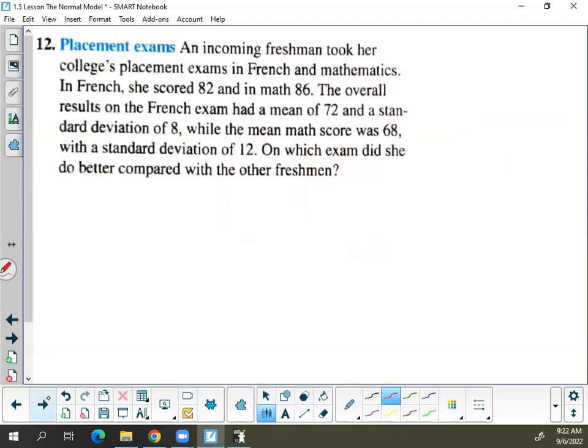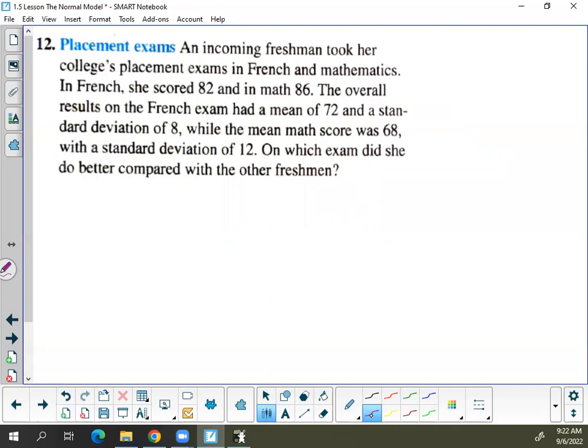If you pause here and take a second to read this, we're going to show an example of how we can compare success in one class to success in another class, even if they're not directly related. Here we have somebody scoring an 82 on a French exam and an 86 on a math exam, and we want to compare which one is actually better.